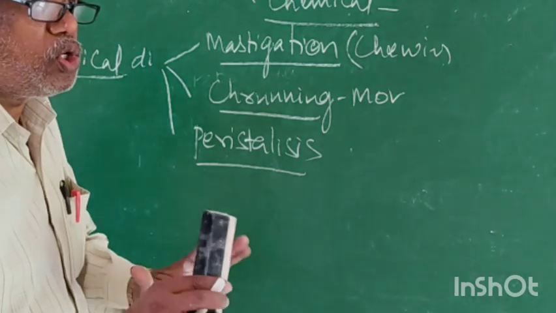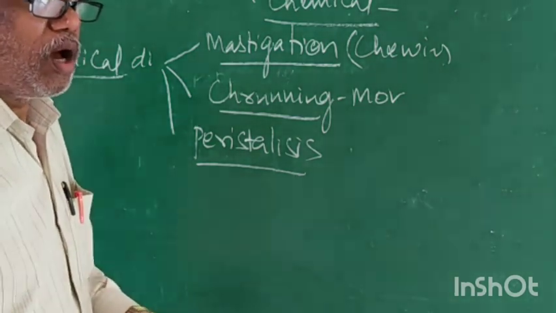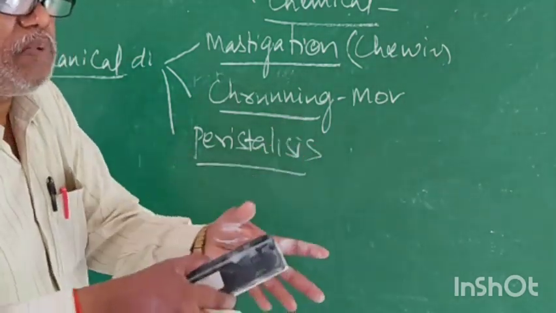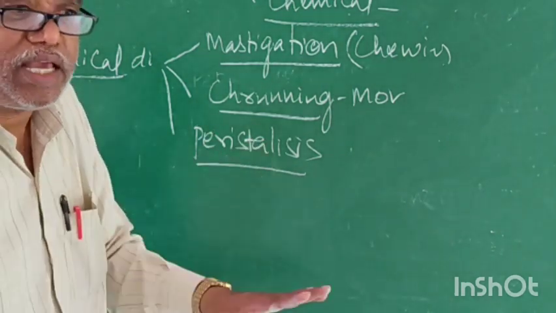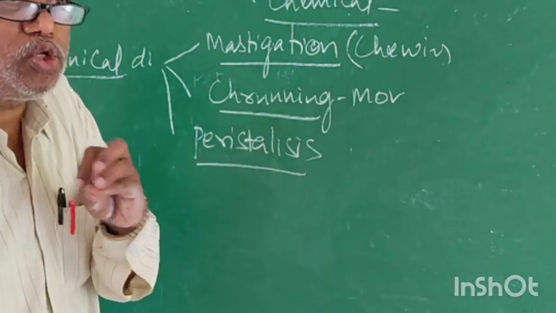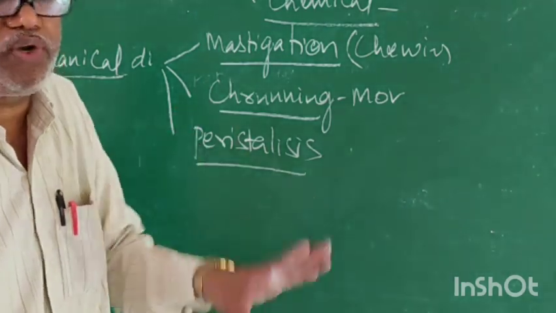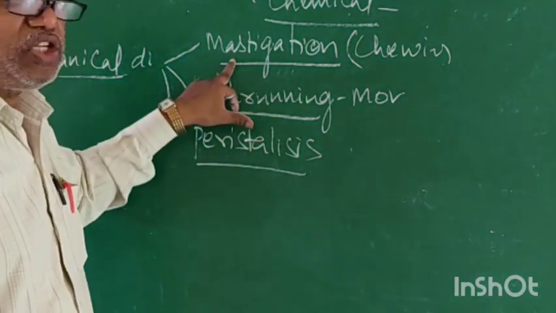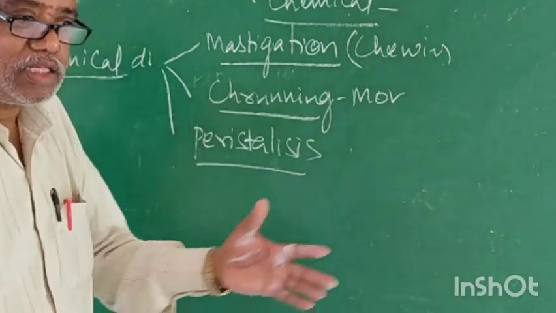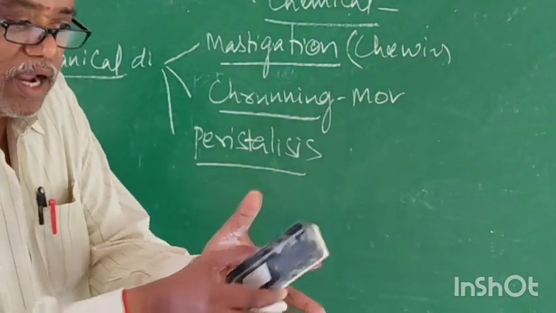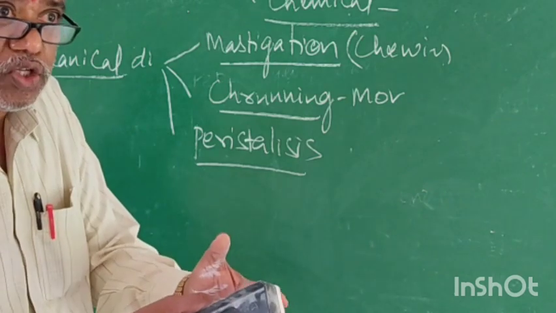In mechanical digestion, there is no change in chemical. Large molecules break down into small ones. They differ only in size, but there is no change in the chemical nature of the food. Mastication is done with the help of teeth, chewing. The stomach undergoes contraction and relaxation.